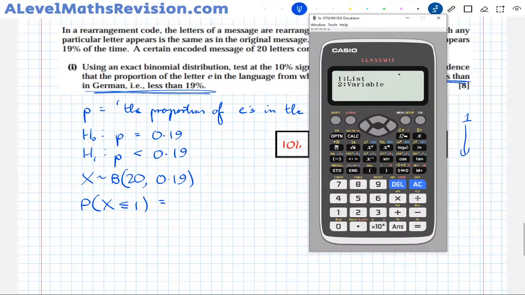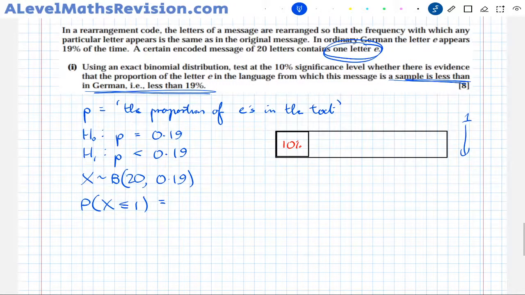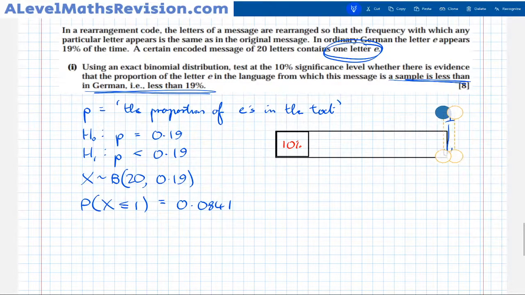So binomial cumulative. X less than or equal to 1, 20, 0.19 gives a probability of 0.0841. 8% of probability lies to the left of it.